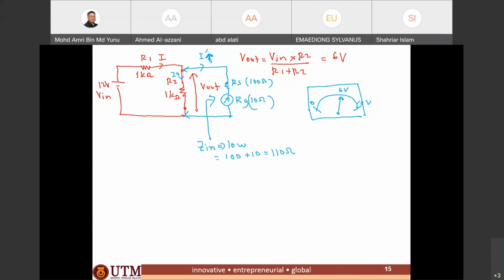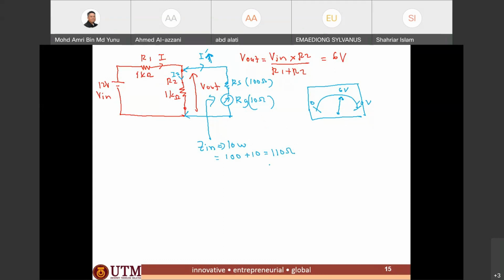We expect that with the voltmeter, the output should follow the 6 volt. But when we introduce the voltmeter here, it becomes a part of the main circuit.